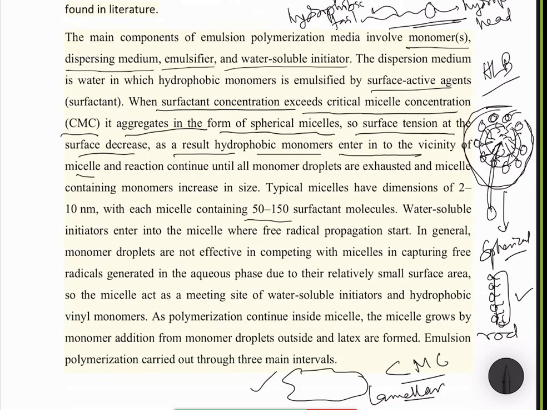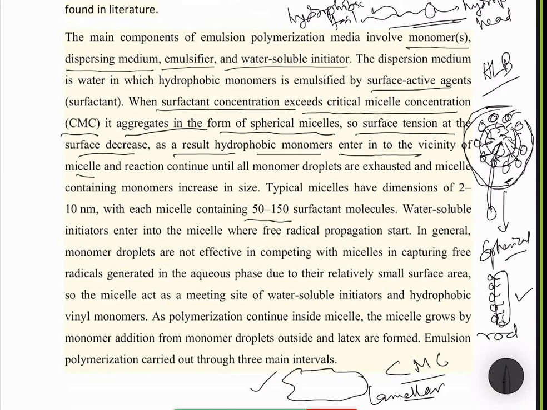When these are present, the surfactant molecules above their micellar concentration will start to form micelles, and the other surfactant molecules which are not part of these micelles will help to form the monomer droplets, these finer monomer droplets.